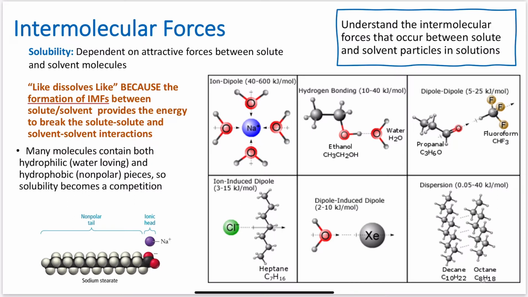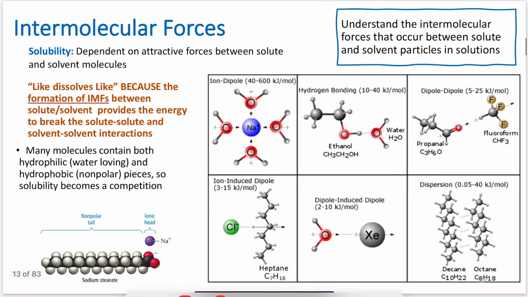We do have 6 forces that you are responsible for understanding. We have ion dipole. An ion dipole is just that. It is an ion with a compound that is polar or has a dipole. In this case, we're showing you water. Water is a dipole compound, but it also is hydrogen bonding. Yes, we know. But it's a dipole. So we've got your ion here, and we've got your dipole.